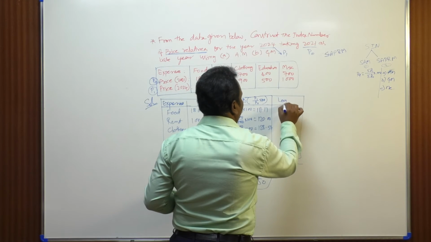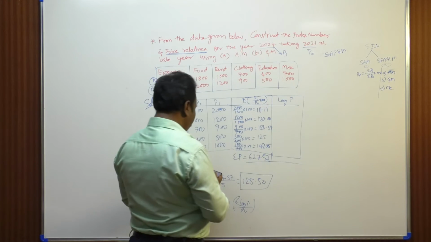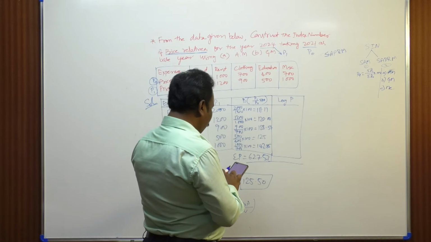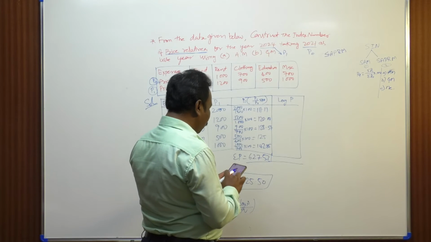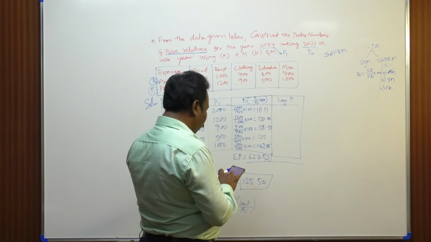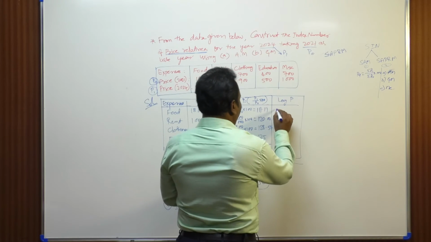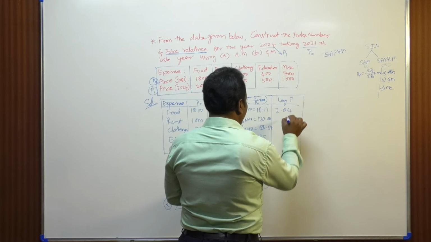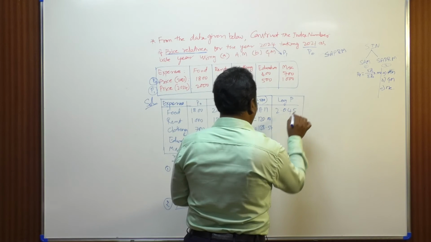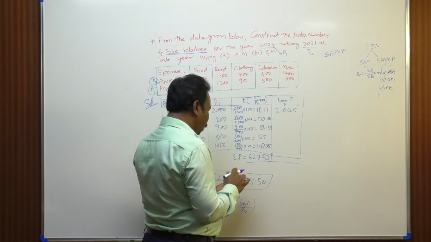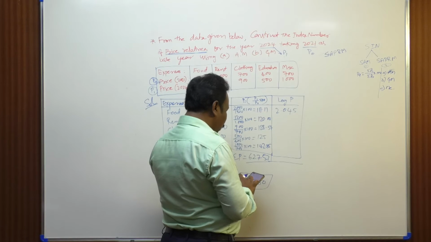Log of 111.11 equals 2.04045. We can take 2 digits or 3 digits, there is no problem.